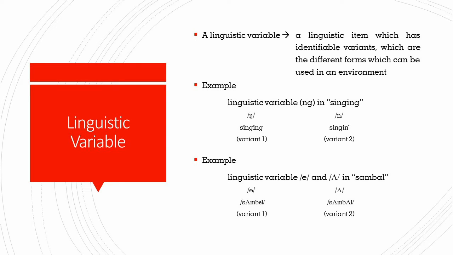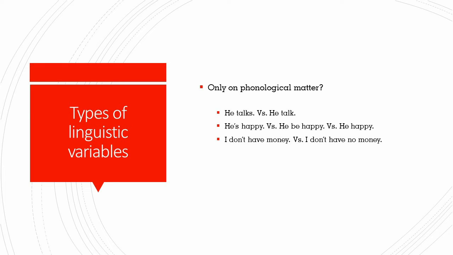The next question is, does a linguistic variable always have to do with pronunciation or the way people say something, a phonological matter? As I mentioned earlier, you can take any linguistic variable for your research.